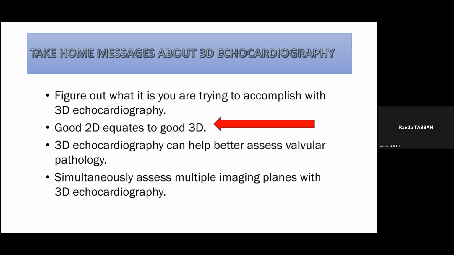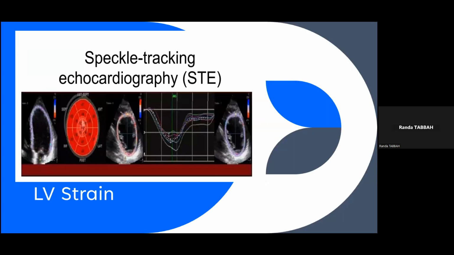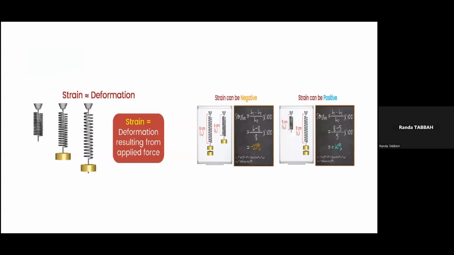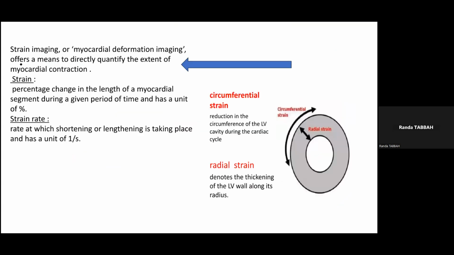So what is the speckle tracking or the strain? Okay, the LV strain. What is the strain? The strain is equal to the deformation resulting from applied force. It could be a negative strain or a positive strain. It could be both. So strain is myocardial deformation imaging that offers a means to directly quantify the extent of myocardial contraction.